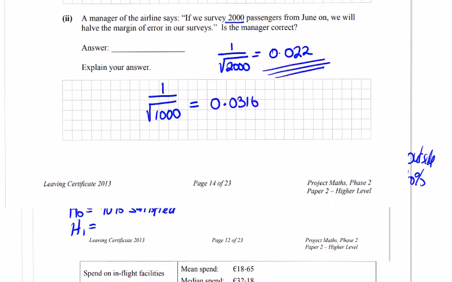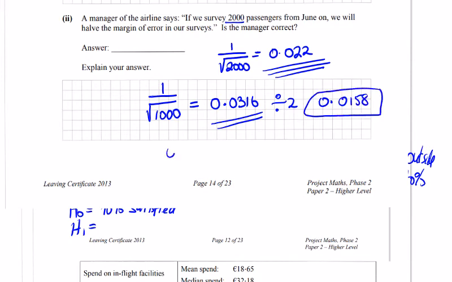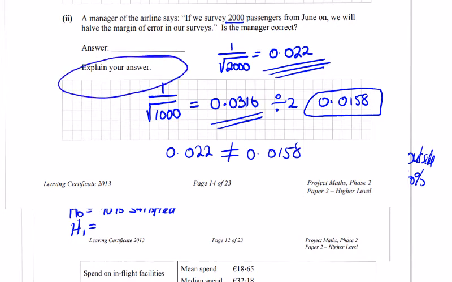You can see here we have not halved this. Half of this would be 0.0158, but we're at 0.022, so 0.022 is not equal to 0.0158, obviously. So we've explained our answer with maths, so no, the manager is not correct.